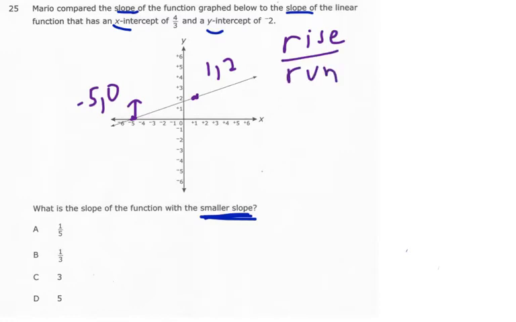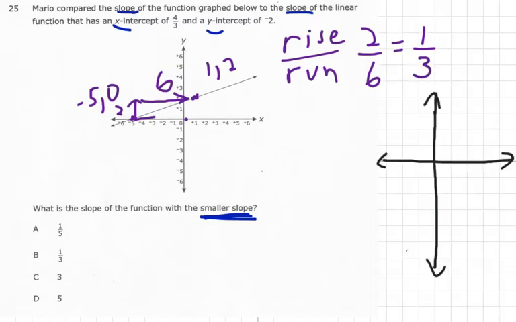So this is rising up 2, and it's running over 5 to the origin, and then 1 more over, so it's going to be 6. So I'm rising 2, running 6, and that reduces to 1/3. So that's the slope of this graph.